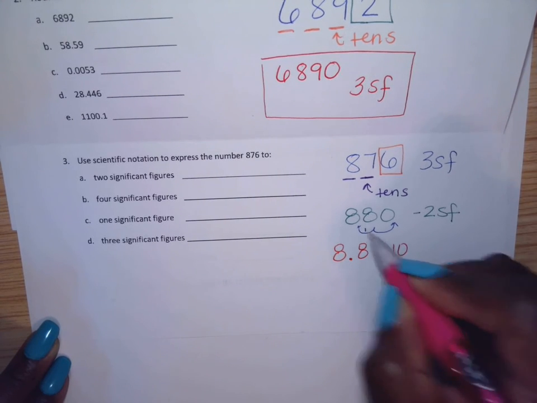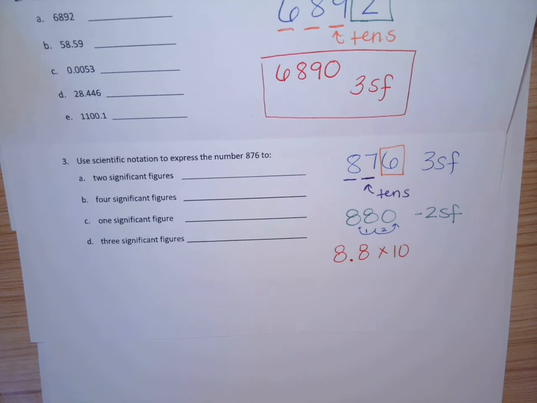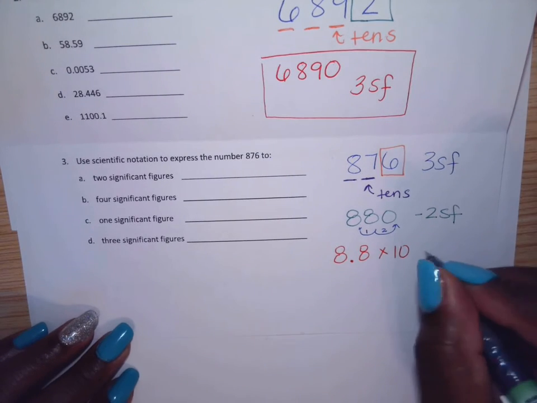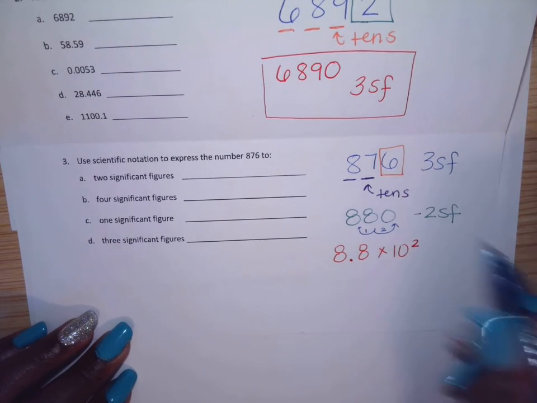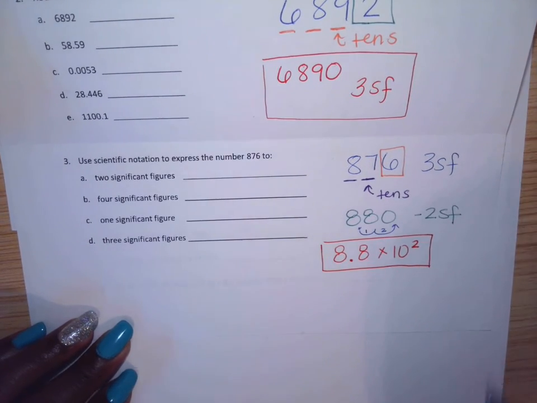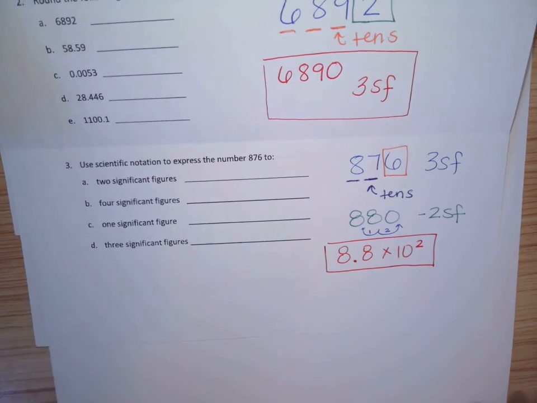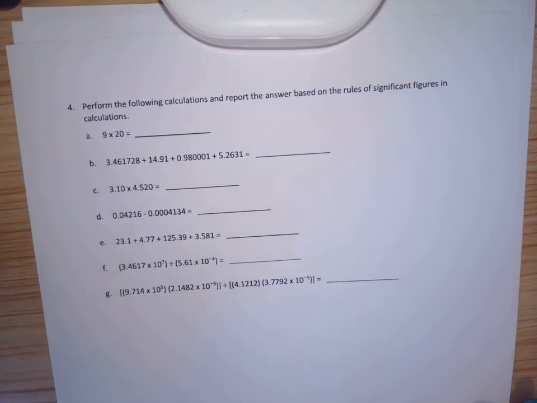So this is 1 place, 2 places to get back to that original position. Therefore, since I'm moving to the right, my exponent is going to be positive. Because I had to move to the right 2 places, it's going to be a positive 2. So we would report 876 as 8.8 times 10 to the 2 in order to show it in scientific notation containing only two significant figures.